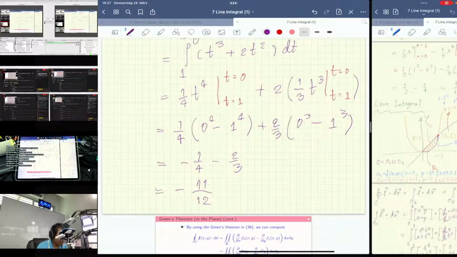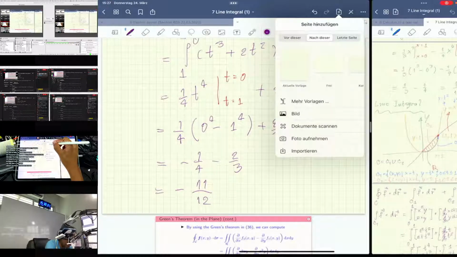All right, and now we need to substitute all these two terms.